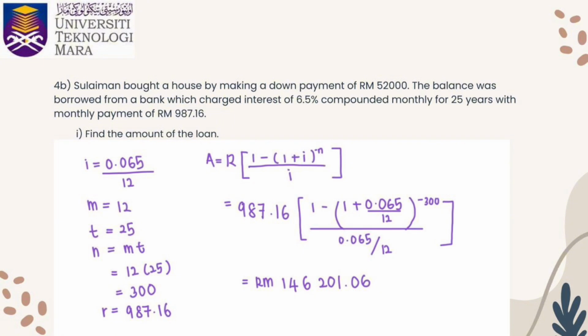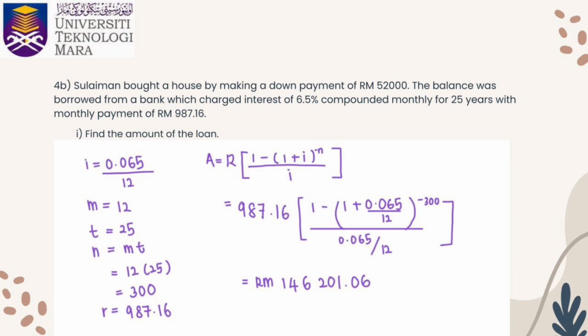i equals k divided by m, i equals 0.065 divided by 12. n equals m times t, n equals 12 times 25, n equals 300.